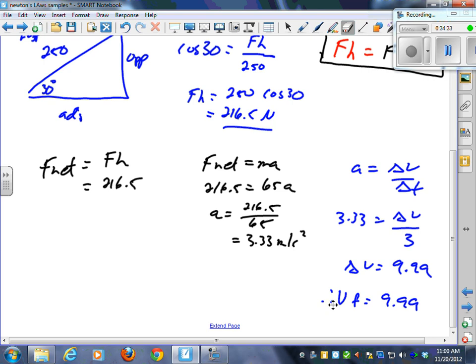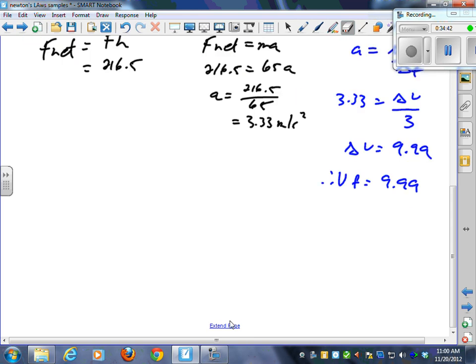That's the final velocity, but I need average before I can get to distance. You got to go across the average bridge. So, here we go. V bar equals VI plus VF all over 2. Initial was 0. 9.99 over 2.